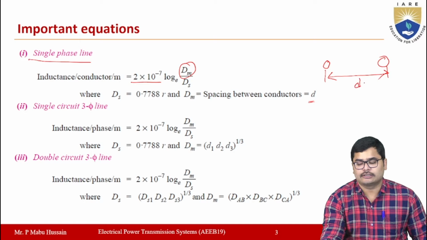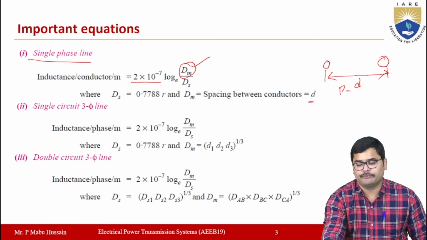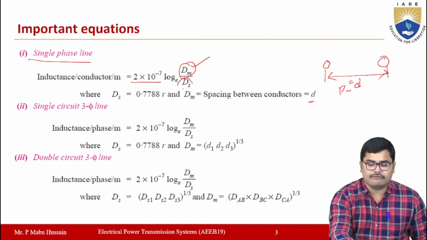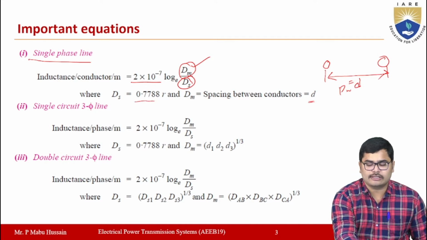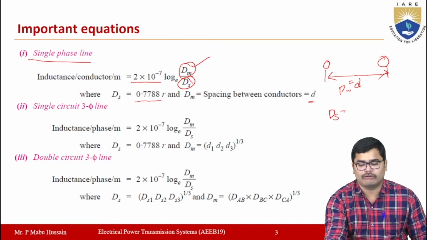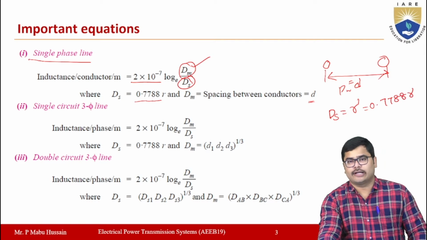The self GMD of each conductor is Ds = r', which is 0.7788 times the radius of the conductor.